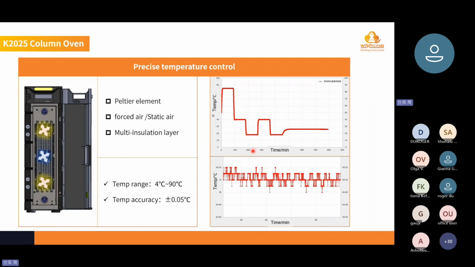These 2 graphs show that the ability to control the temperature is precise. As you can see from the graph, the temperature fluctuation range is between plus and minus 0.05 degrees Celsius of the set value.